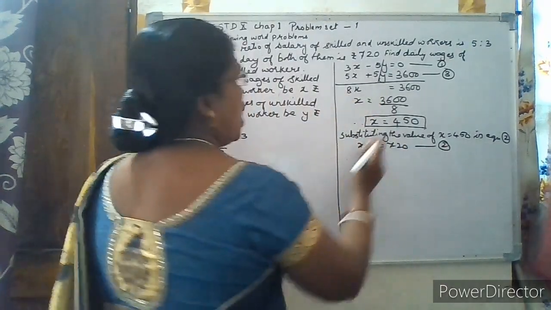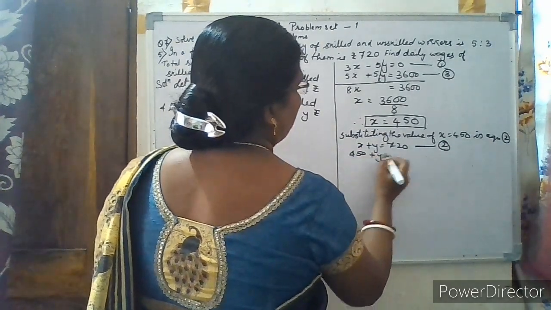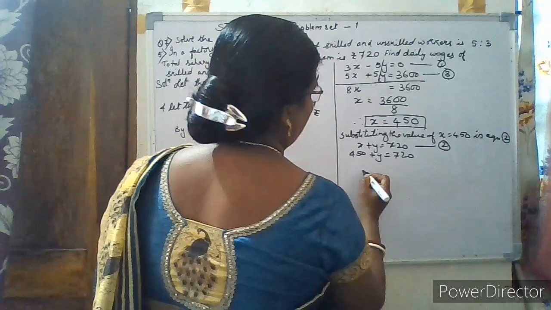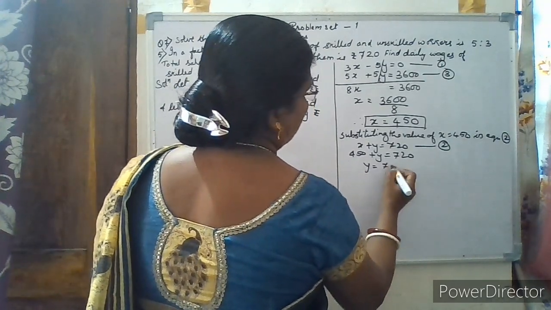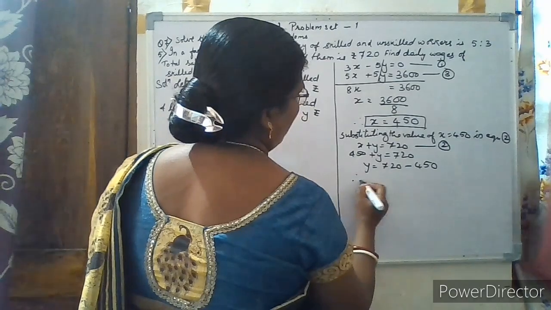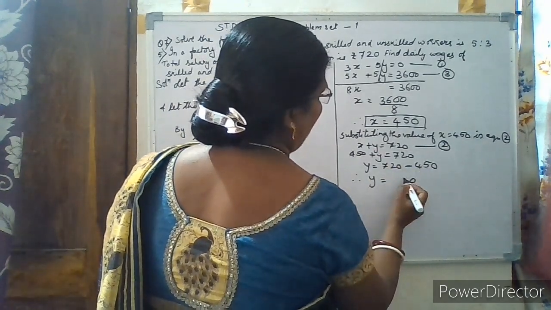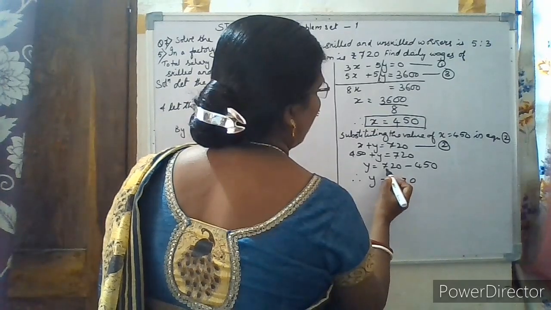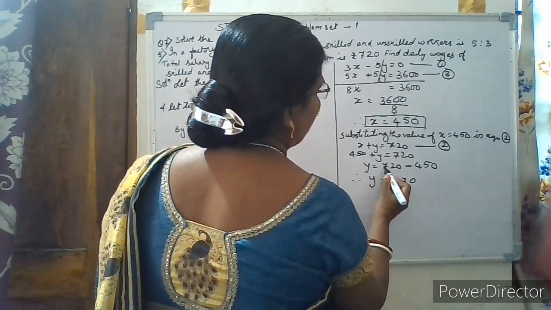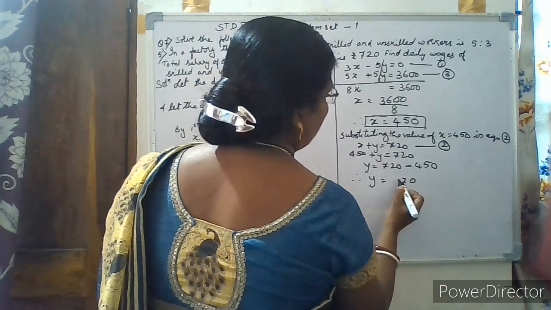Equation 2. X is here 450 plus y equal to 720. So y is equal to 720 minus 450. Therefore, y is equal to 0, 12 minus 5 is 7. Then this is here 6, 6 minus 4 is 2.